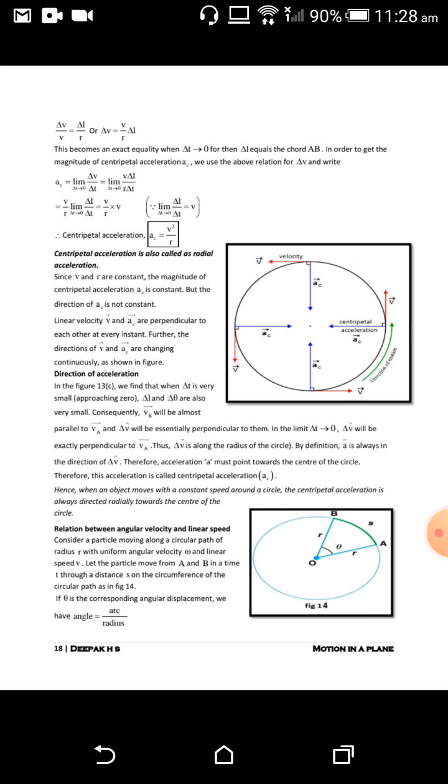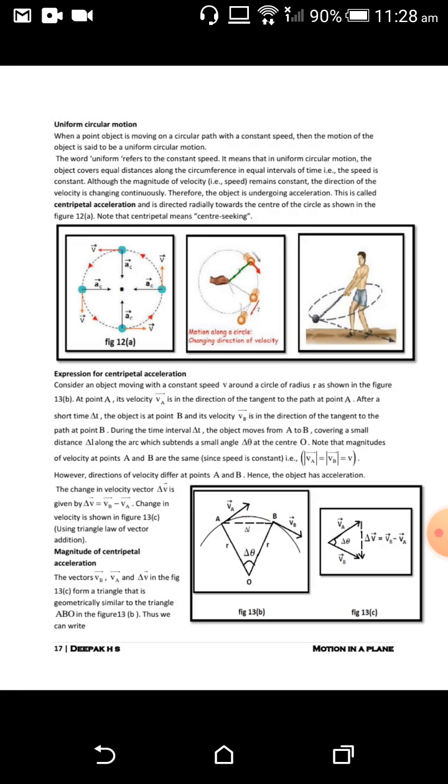Just go through this derivation once, then we will go to the direction of acceleration.